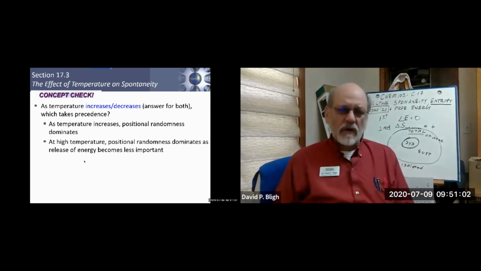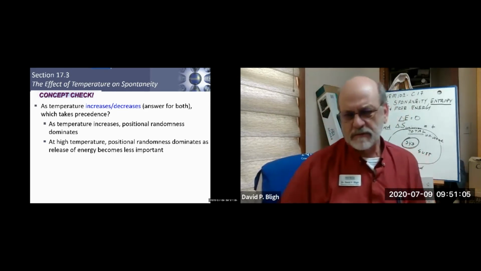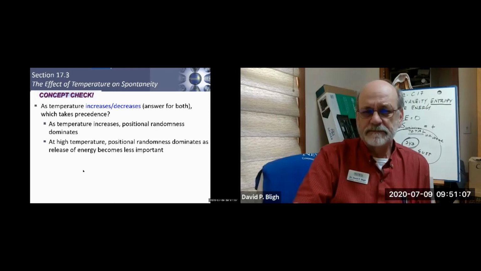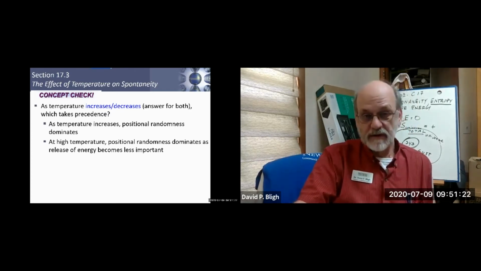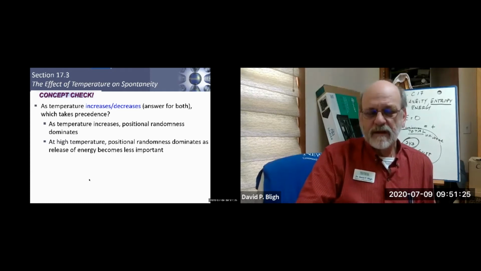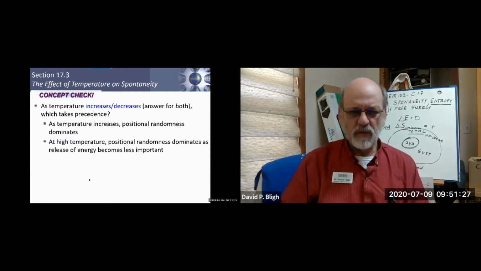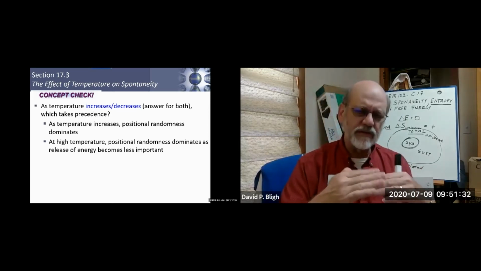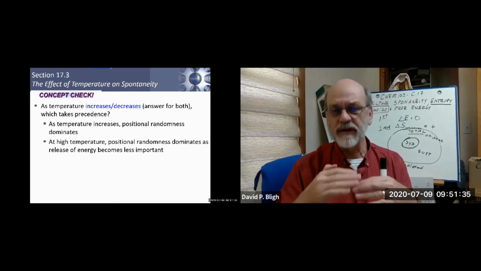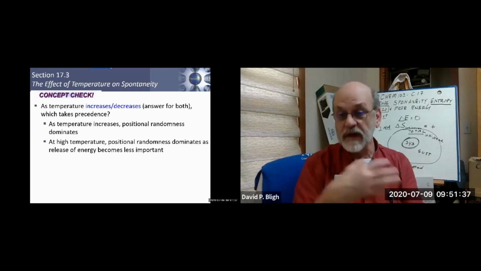So, what's the situation at high temperature? Well, at high temperature, the positional randomness still dominates because the release of energy, a very small incremental release of energy at high temperature, has very little effect on the randomness of the substance.